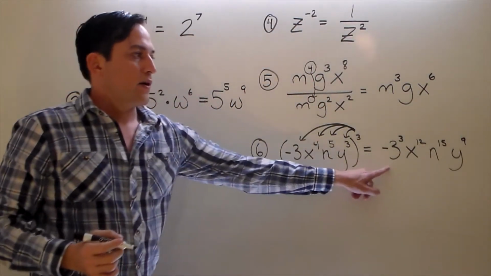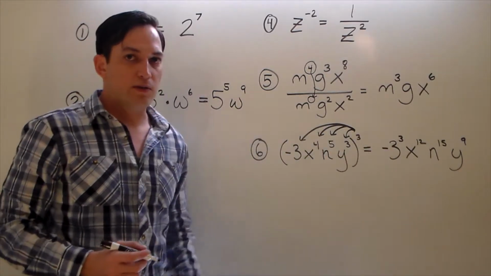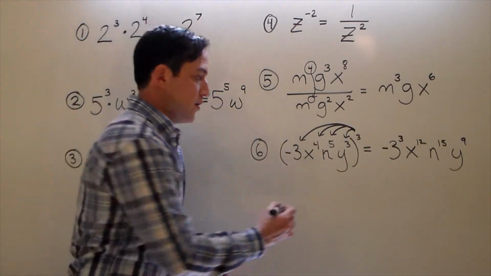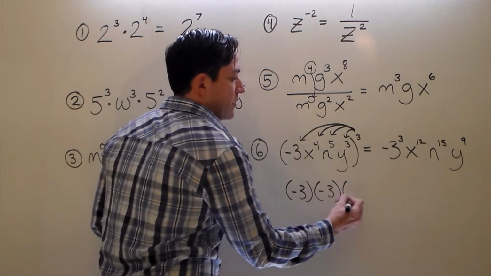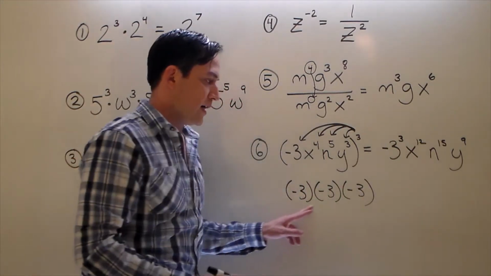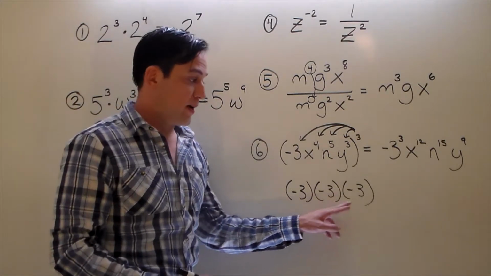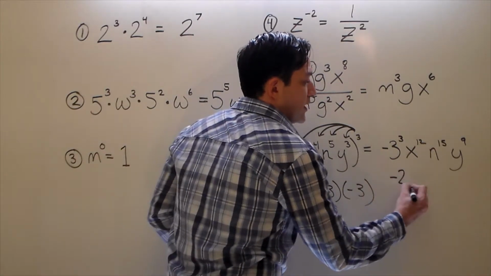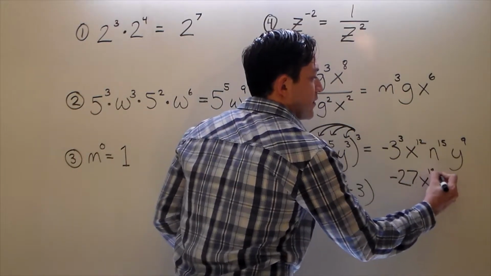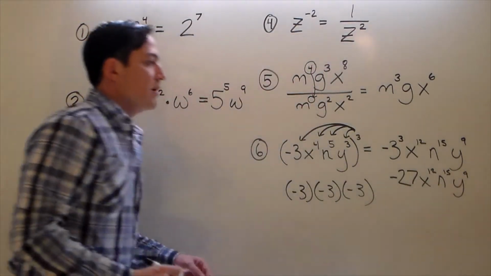So right here, I was talking about when you have odd powers, this is going to turn back into a negative number. Really what I have here is negative 3 times negative 3 times negative 3. So a negative times a negative will turn into a positive, so I have a positive 9, but then I'll multiply it by a negative 3 again, so this will really be negative 27 x to the 12th, n to the 15th, y to the 9th.